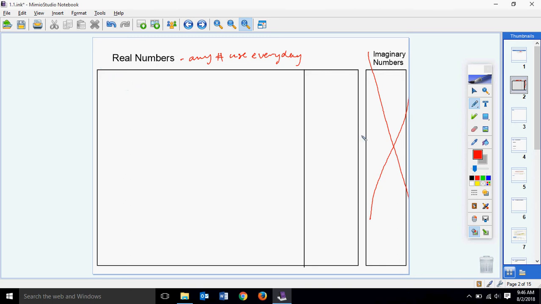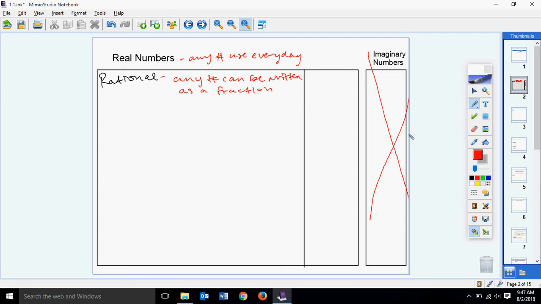The first category I want to talk about is rational numbers. Rational numbers is any number that can be written as a fraction.